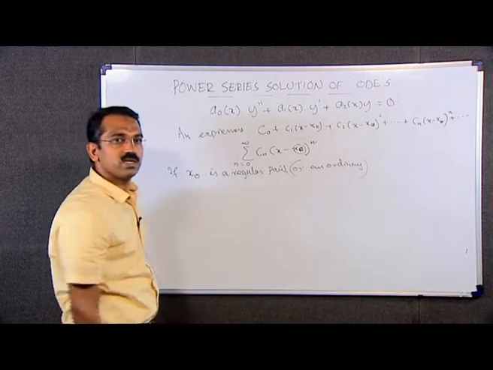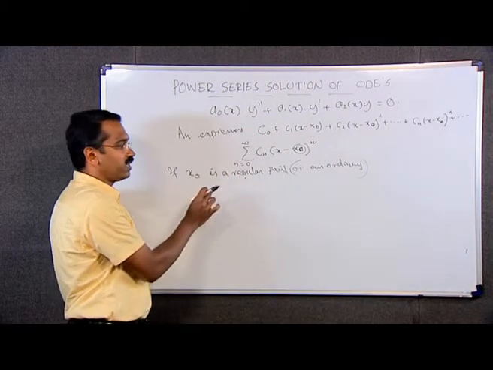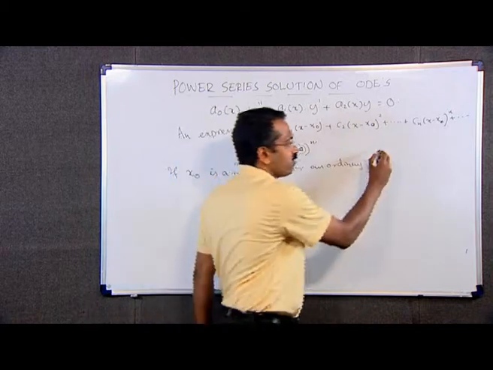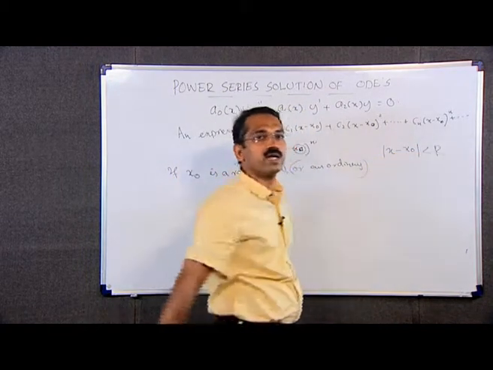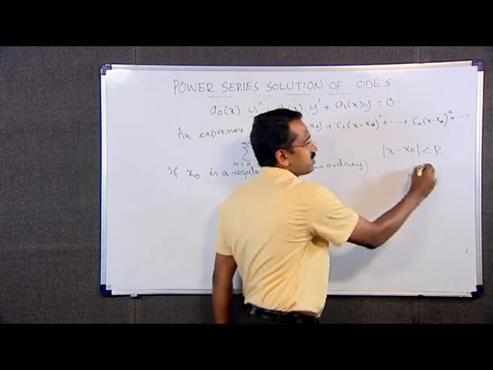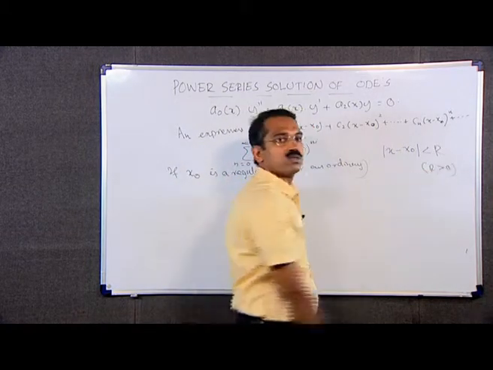These two power series both converge in some interval modulus of x minus x0 less than r. Here r is greater than 0.